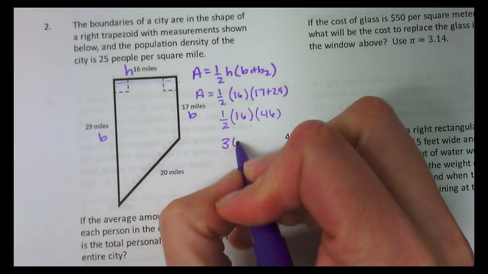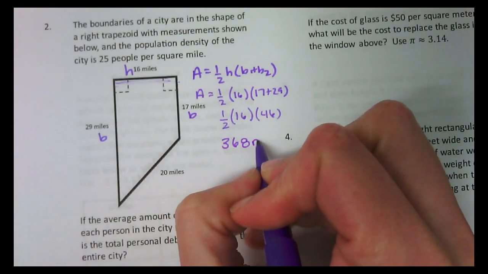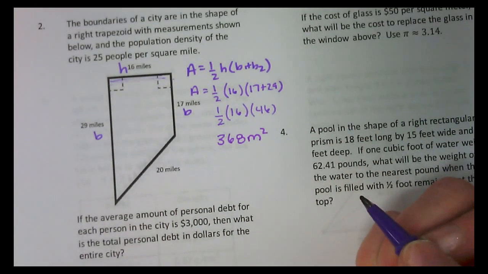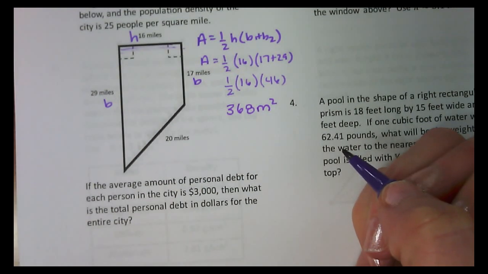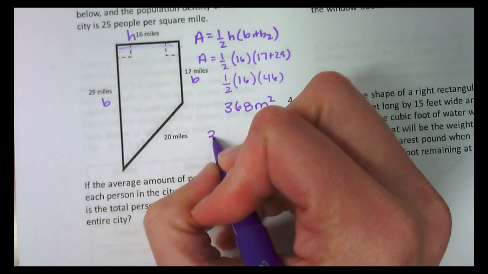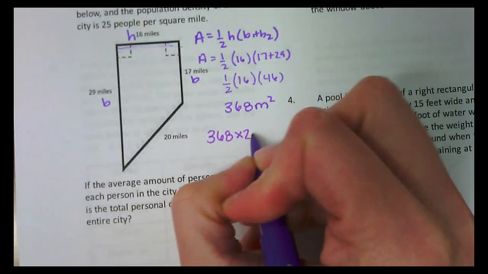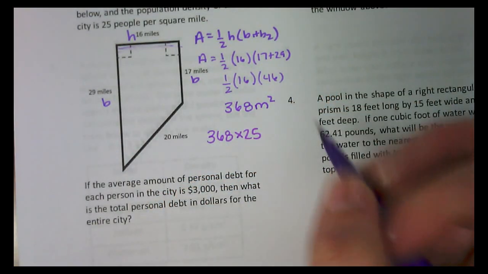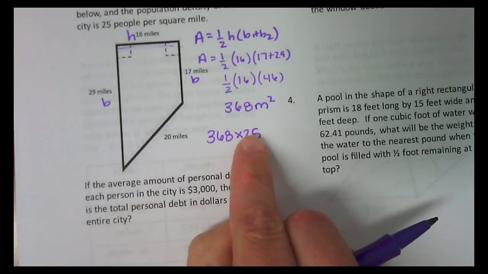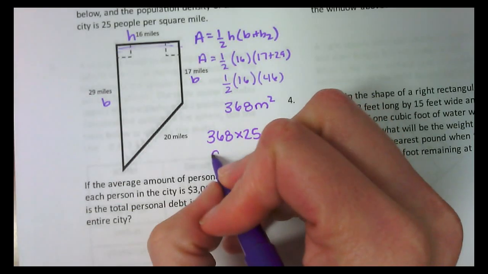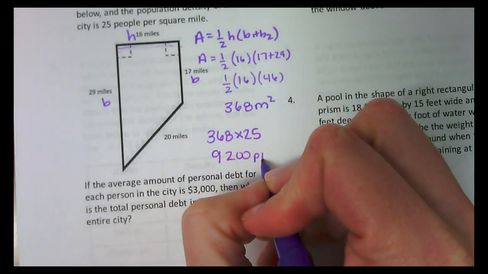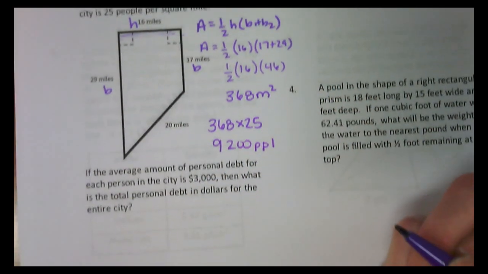So I've got 368, and this is in miles squared. It says there's 25 people per square mile. So if I want to find out my total people, I'm going to take 368 and multiply by 25, because there's 25 people in every 1 square mile. So times 25 gives me 9,200 people.